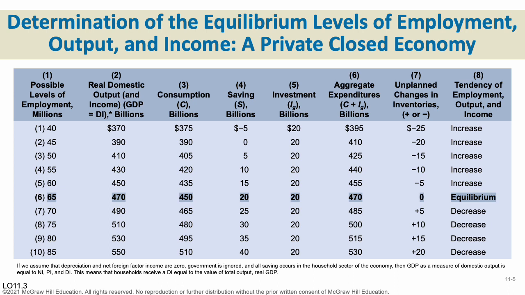We don't have unplanned inventories, negative or positive. If you have a shortage or unplanned negative changes in inventories at the beginning levels, generally we're going to employ more people to make more things, and in the top levels, if you have a surplus, too much inventory, people are probably going to lose their jobs. Anything other than equilibrium is not sustainable long term. Long term, equilibrium GDP is where the economy wants to be.